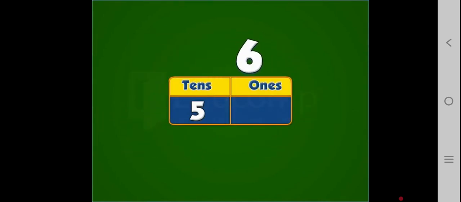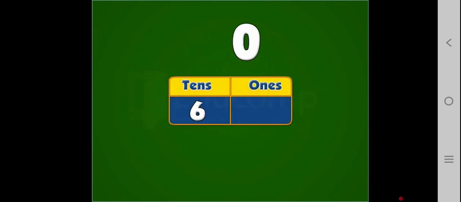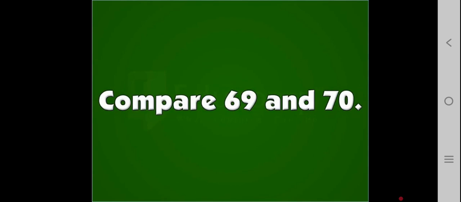You've learnt that 56 is 5 tens and 6 ones, or 71 is 7 tens and 1 one, or that 60 is 6 tens and 0 ones. Can you use this knowledge to compare numbers like 69 and 70?